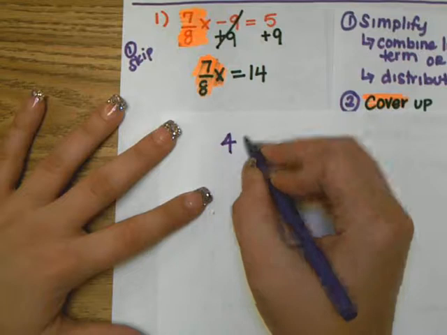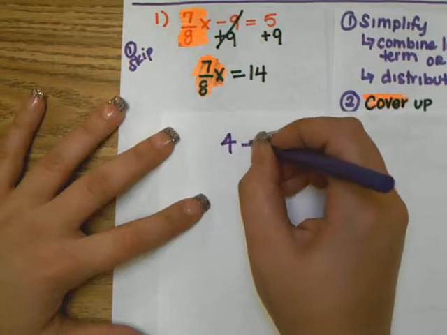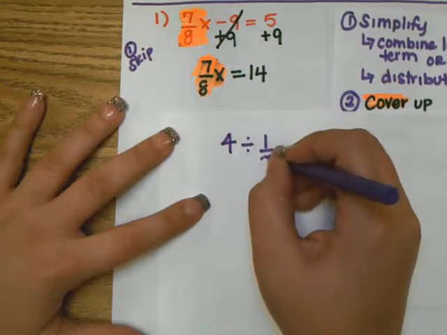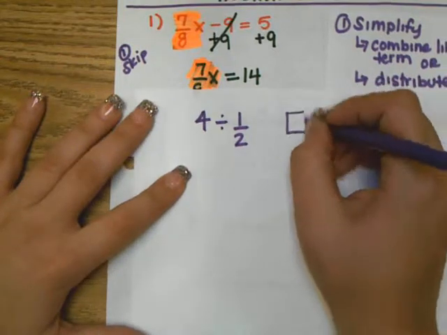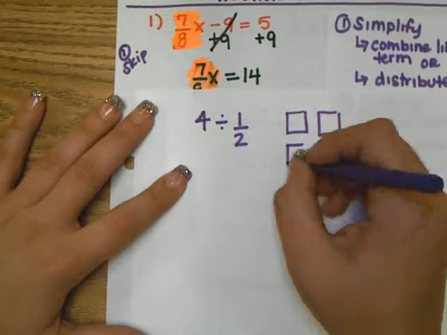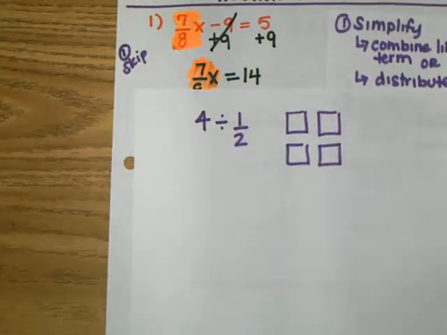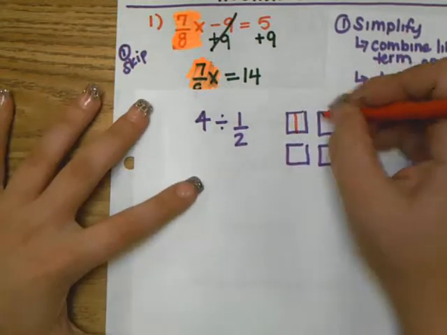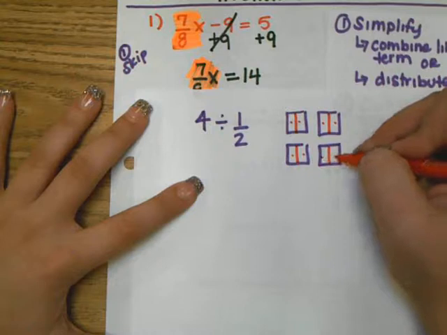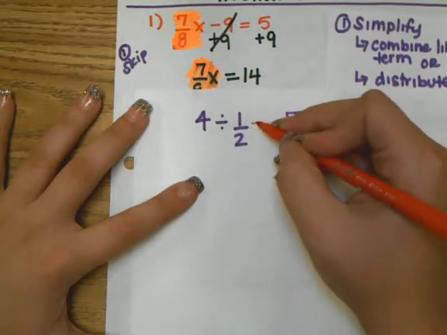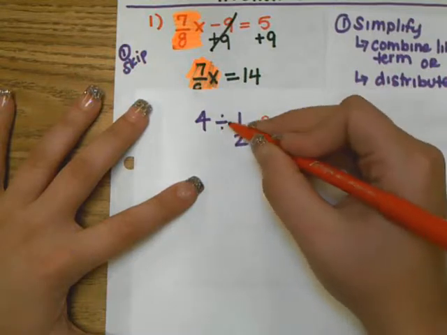If I had 4 and I have divided by a half, okay? So if I have 4 and I divide them in half, now I have 1, 2, 3, 4, 5, 6, 7, 8. 4 divided by 1/2 is 8.